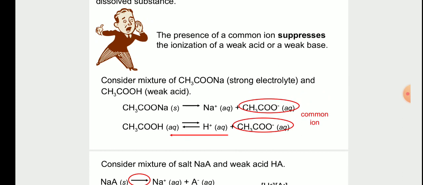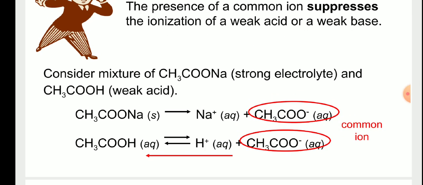We already know that acetic acid is a weak acid. Sodium acetate, CH3COONa, is a strong electrolyte. It is basically a salt, so it is completely dissociated in water, and 100% produces Na+ and acetate anion. Now on the right hand side acetate anion is present.